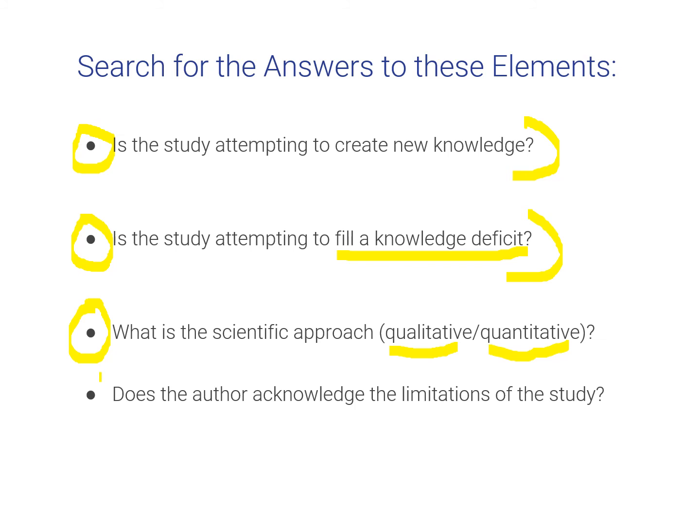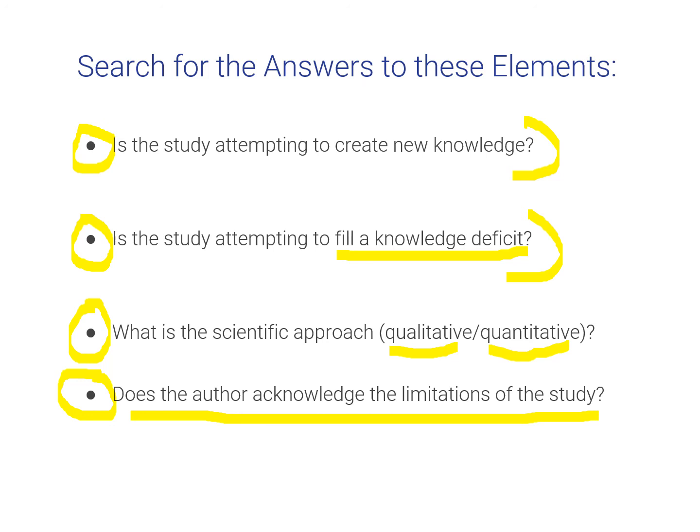And finally, this last question, does the author acknowledge the limitations of the study? Every study will have limitations. And obviously, when you read the literature review, they talked about some of the limitations of those other studies. This will usually happen at the end, and many times it'll be labeled as suggestions for further research.